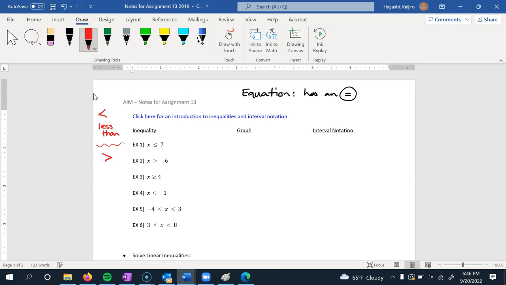The symbol that faces this way is greater than. And it specifically means that whatever is on the left side of this sign is greater than whatever is on the right side of this sign.